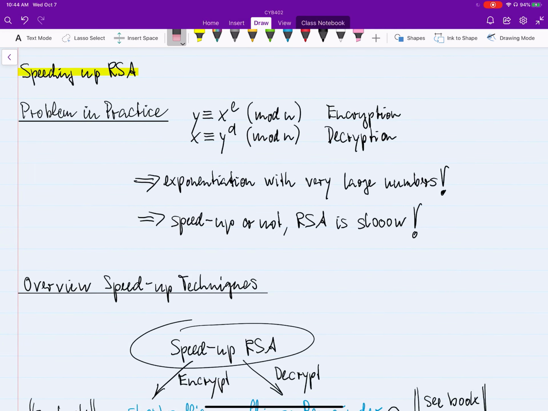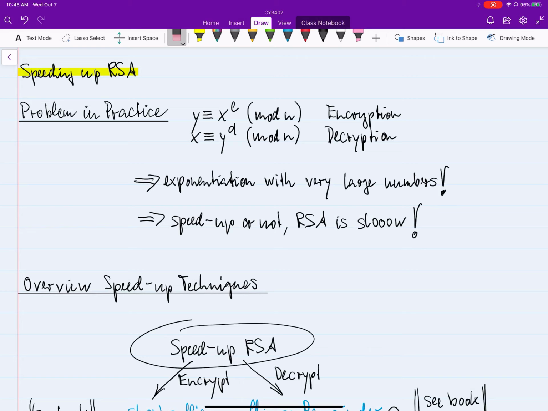But in reality, we have huge numbers. And the problem in practice is that we need to raise both the plain text and the ciphertext to the power of huge numbers, modulo n. So we have exponentiation with very, very large numbers.